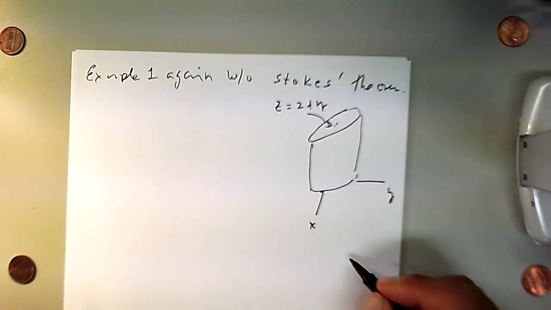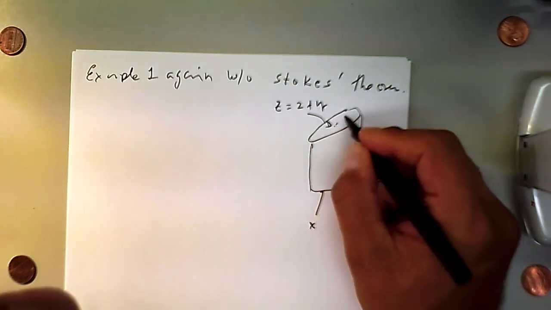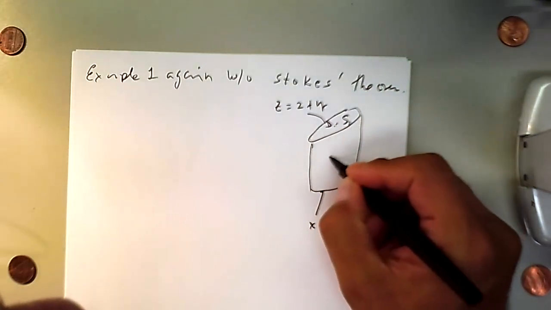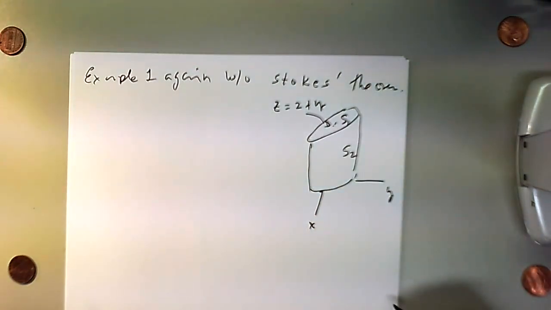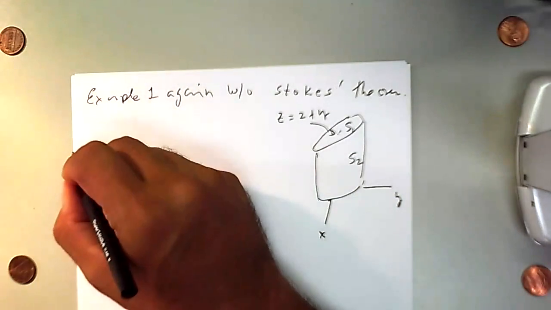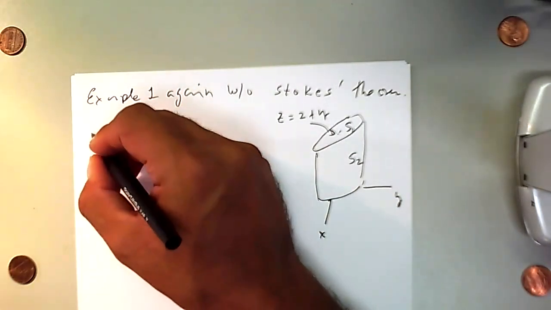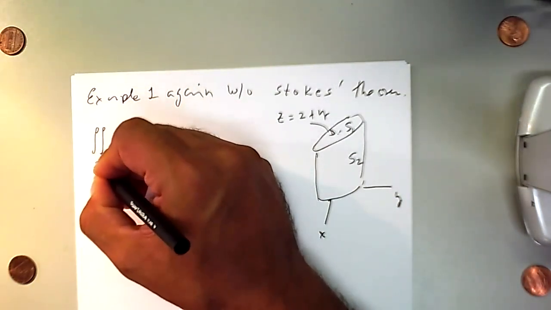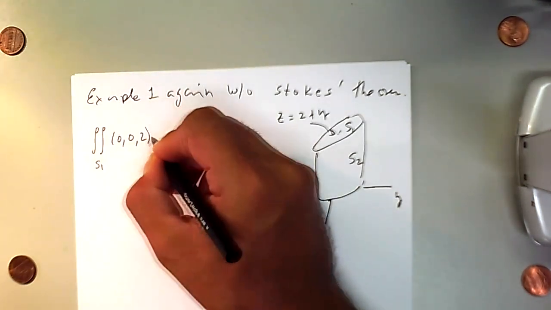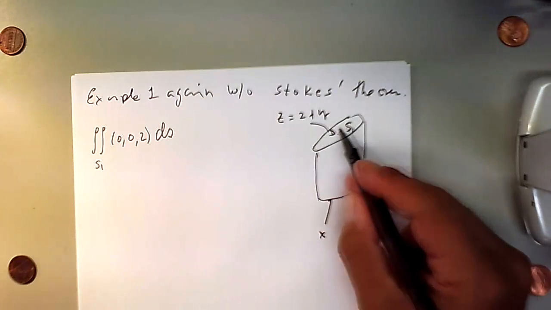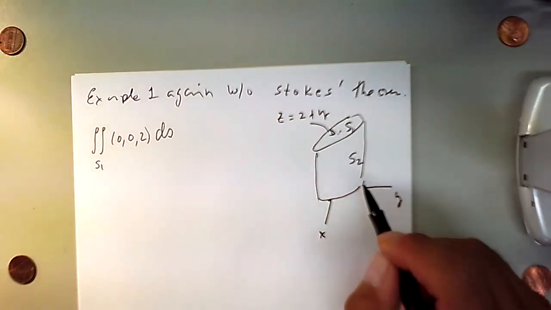And let's label this as S1 and the side as S2. And okay, so if we want to find the double integral over S1 of 0, 0, 2 with respect to the surface, we have to parameterize that surface itself.